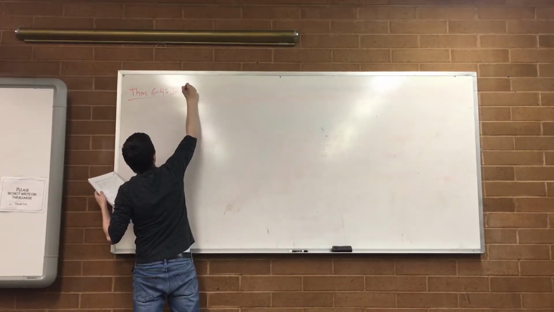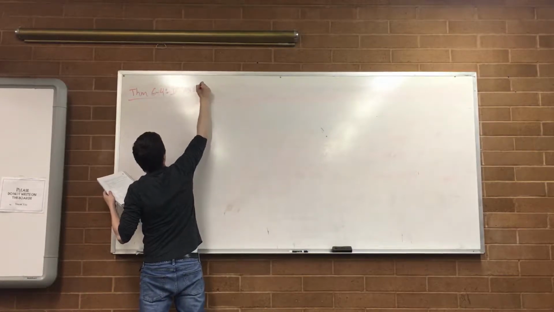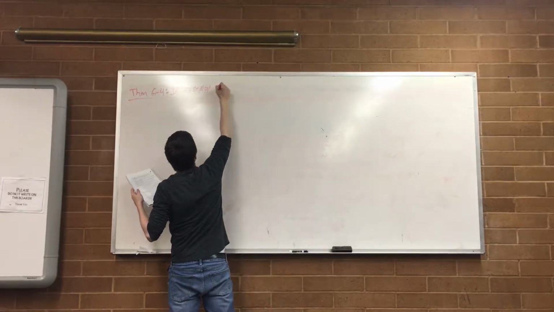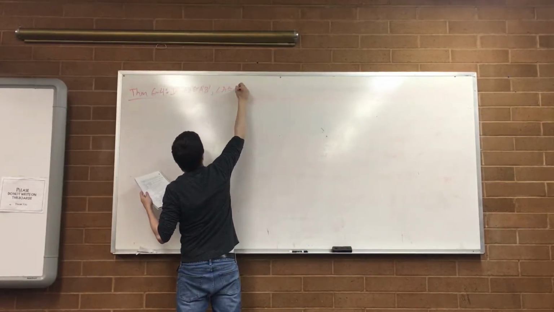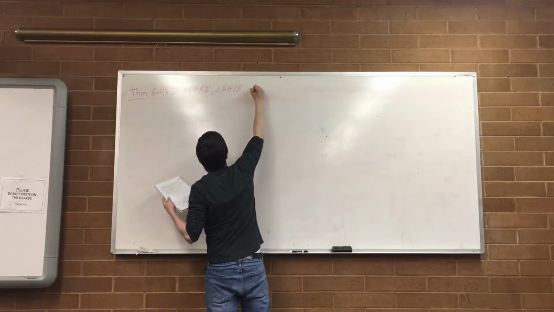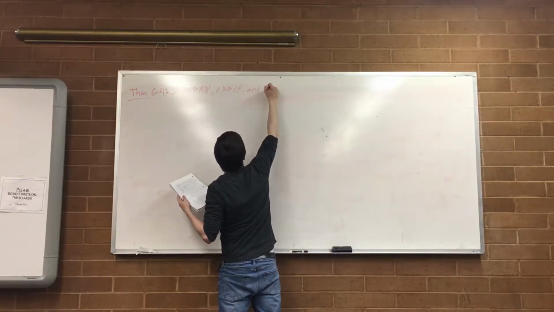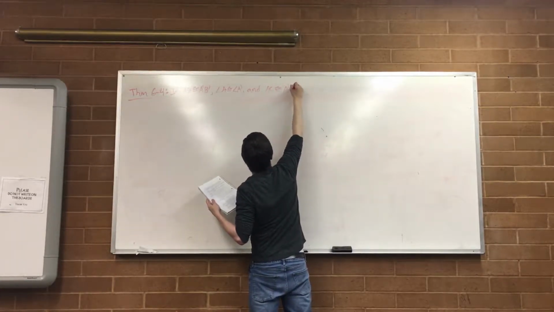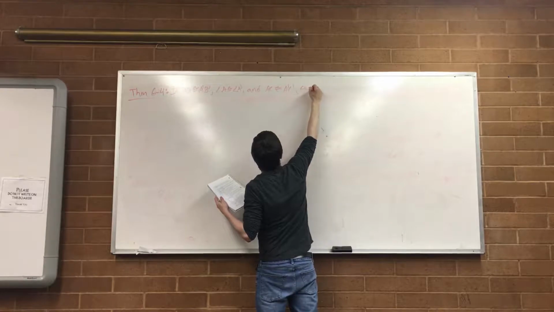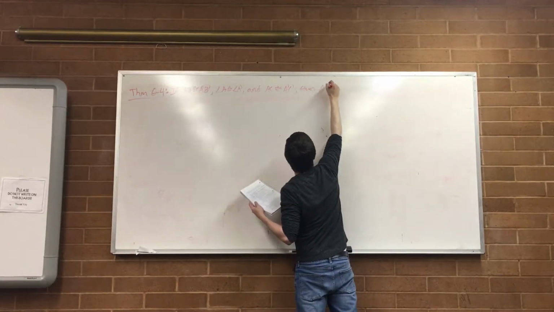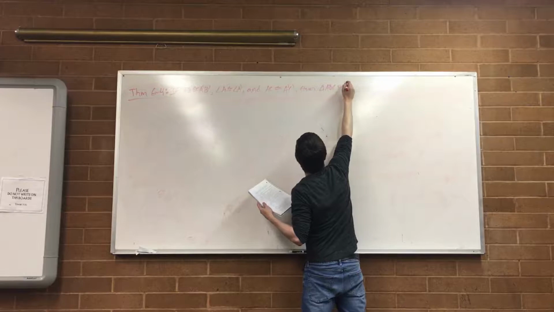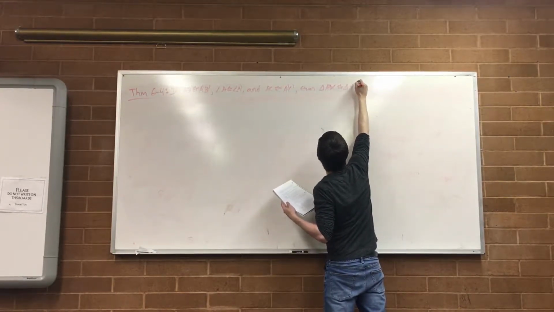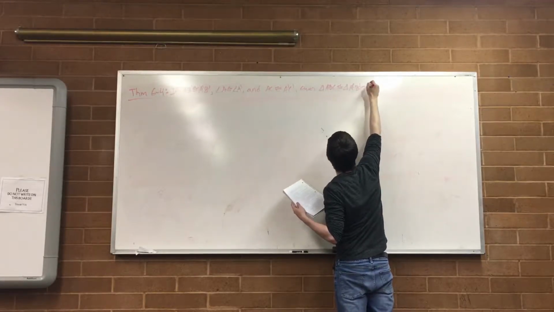It says if AB is congruent to A prime B prime, angle A is congruent to angle A prime, and AC is congruent to A prime C prime, then triangle ABC is congruent to triangle A prime B prime C prime.